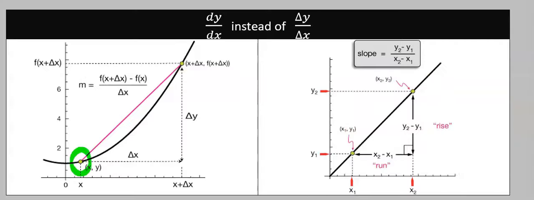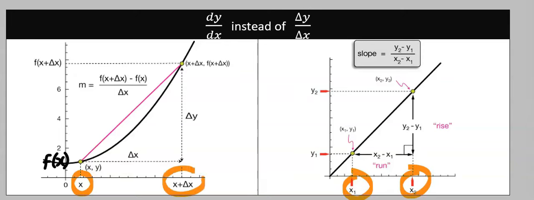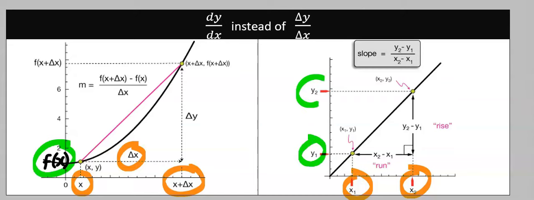Let's start by choosing 2 points along the curve. You can see that x here is x1, while x2 now becomes x plus change in x, and y1 becomes f of x, while y2 becomes f of x plus change in x.